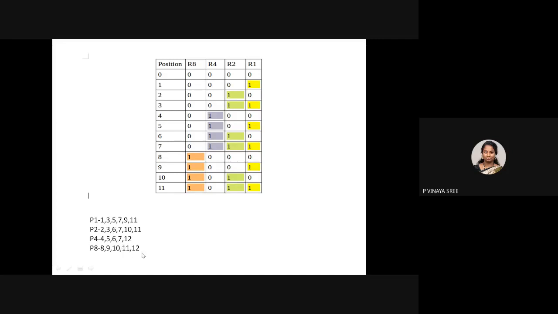Note down, I will ask you while calculating. 1, 3, 5, 7, 9, 11 is for P1; 2, 3, 6, 7, 10, 11 is for P2; 4, 5, 6, 7, 12 is for P4; 8, 9, 10, 11, 12 is for P8.